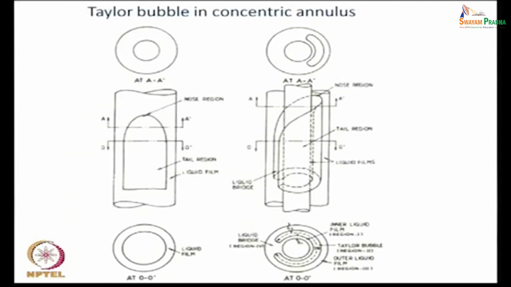Now, what is the next thing which we wanted to study? First we studied a circular tube, then we made it a rectangular channel. The other thing, in that circular tube, if we insert a rod, we make it a concentric annulus, right. Whatever we make, when it is a concentric annulus, it is also a symmetrical vertical geometry, isn't it?